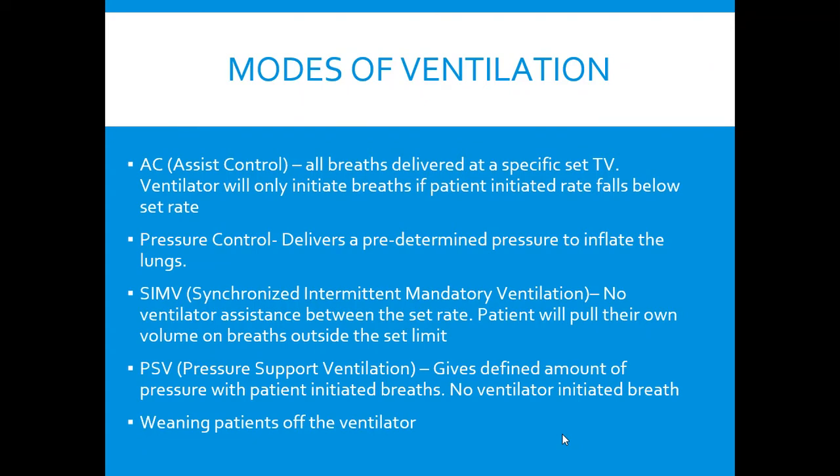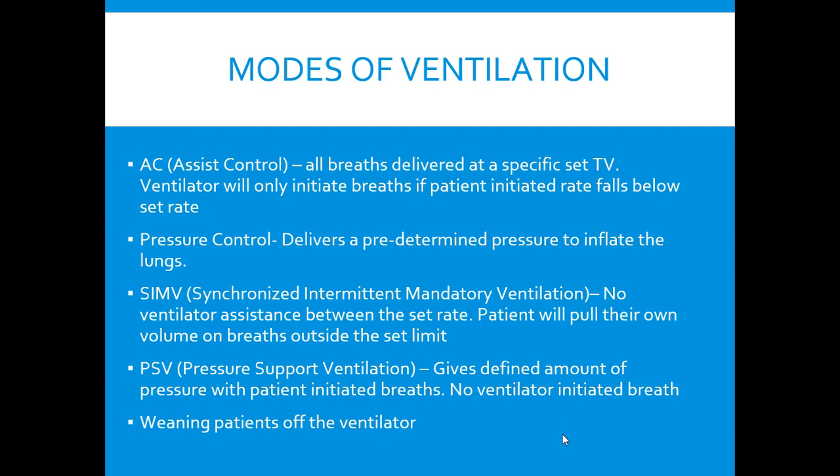All right, so there are many ways we can put air into our patients. Try to remember, that's what we're doing with mechanical ventilation. We're putting air into our patients. We can inflate them to a certain pressure. We can make their respiratory rate fast or slow.